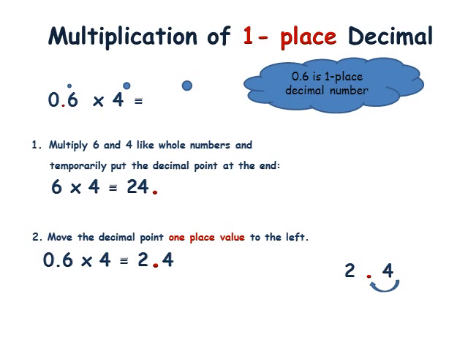Therefore, the answer of 0.6 times 4 is 2.4. Did you get that? We only move it one place value to the left because in your factors you only have one decimal place.